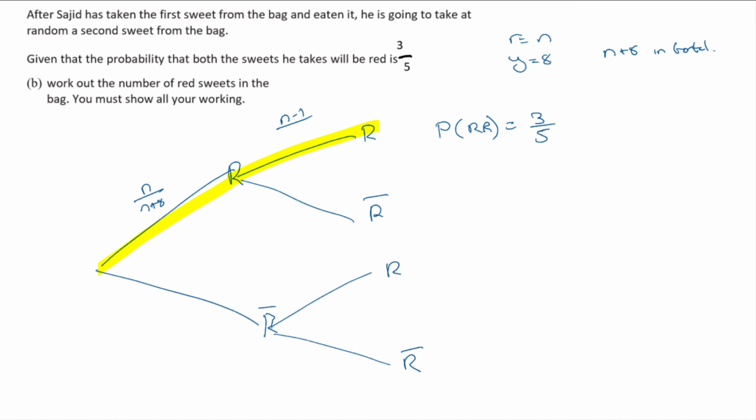So rather than having n plus 8, we're going to have n plus 7. And then we're going to get that 3/5 by multiplying those two things together. So that means n over n plus 8 multiplied by n minus 1 over n plus 7 must have been equal to 3/5.